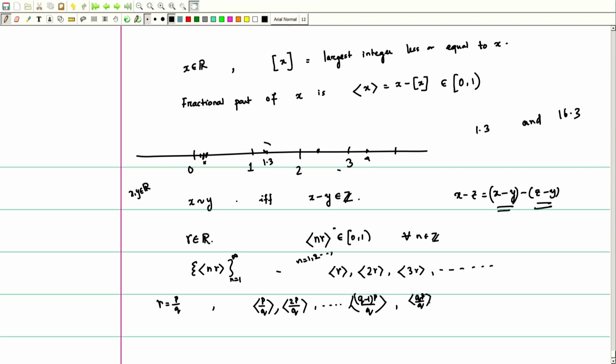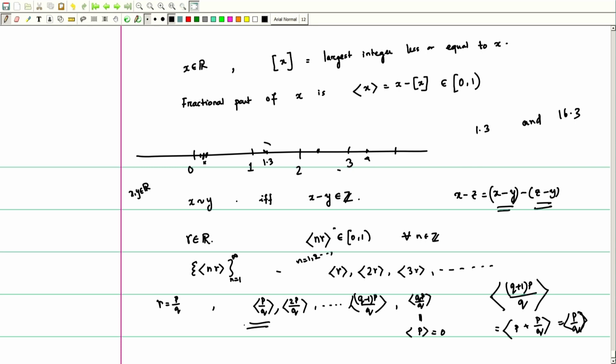Now, qp by q is nothing but the fractional part of p, which is equal to 0. So, now when we start again, suppose (q plus 1)p divided by q, if I take the fractional part here, then this is the fractional part of p plus p by q, which is nothing but the fractional part of p by q, so you are landing here.